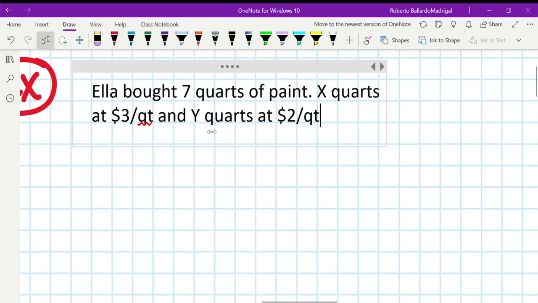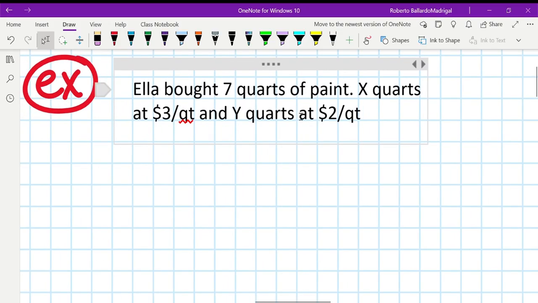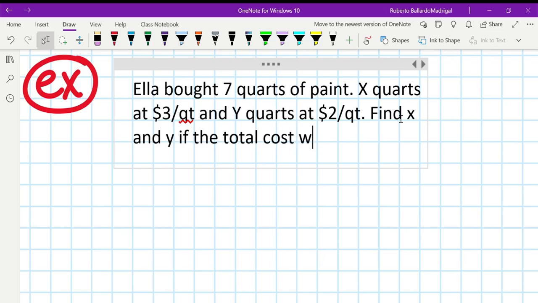This is what we want to find. We want to find X and Y if the total cost was $16.